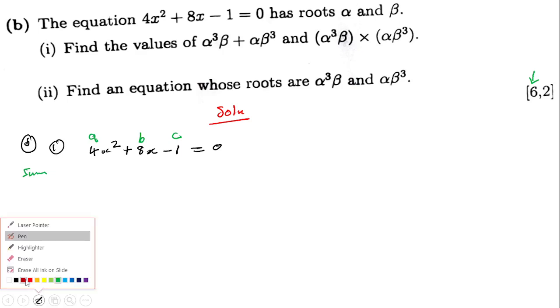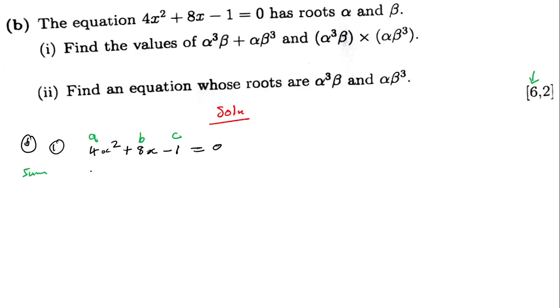So to find the sum, what you're going to say is the sum is equal to alpha plus beta. The same guys we have been given, alpha and beta. So the sum according to the formula will be negative B over A. This is the formula for the sum.